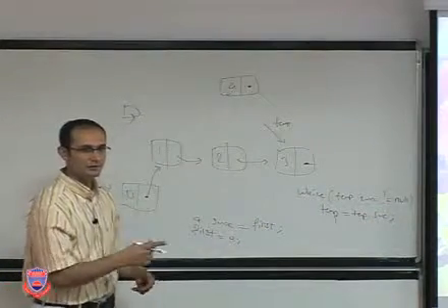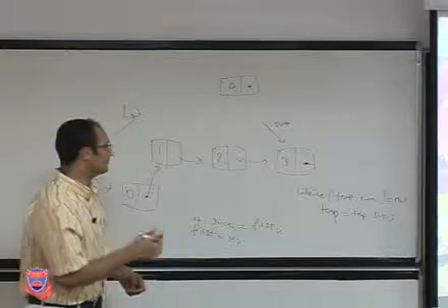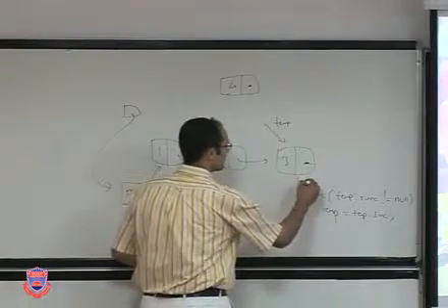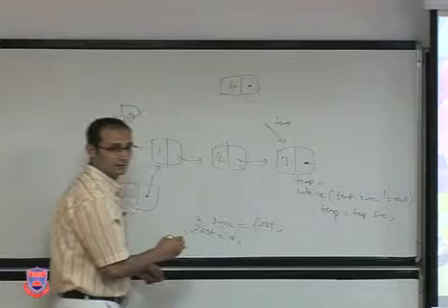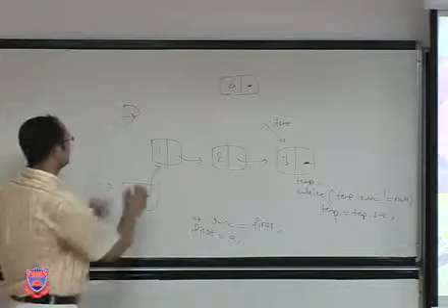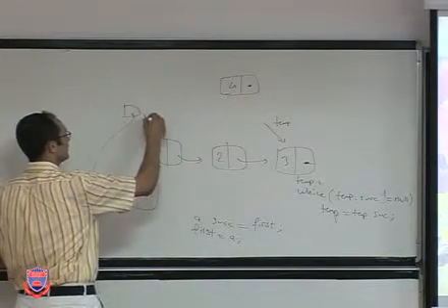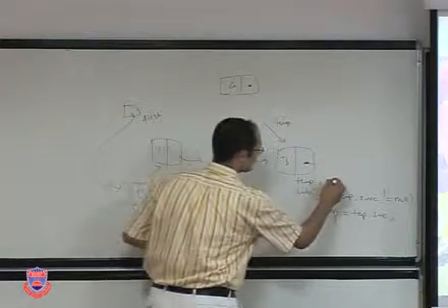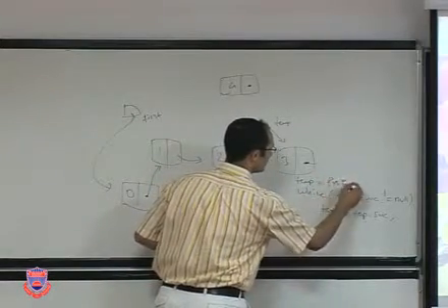So every time I'm going to get the successor of the current element, so it will initially start with temp equals. Initially I will start with, let's say this is first. Temp equals first. So I started with the first element.